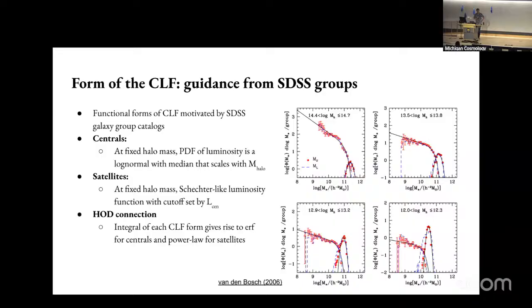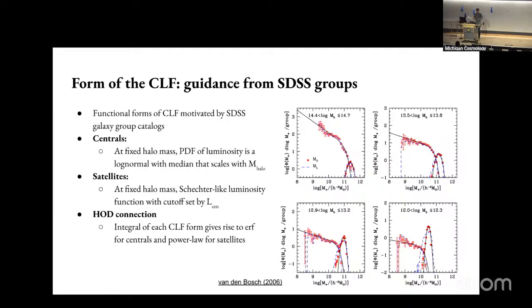They use galaxy group catalogs from SDSS. They went to a catalog of SDSS galaxies, they used a galaxy group finding algorithm developed by Xiaohui Yang and company to group together centrals and satellites in the sky. And then they observed, okay, the central galaxy in this group and in this group and in this group, all as a function of common halo mass, looks like it has a log normal luminosity function.